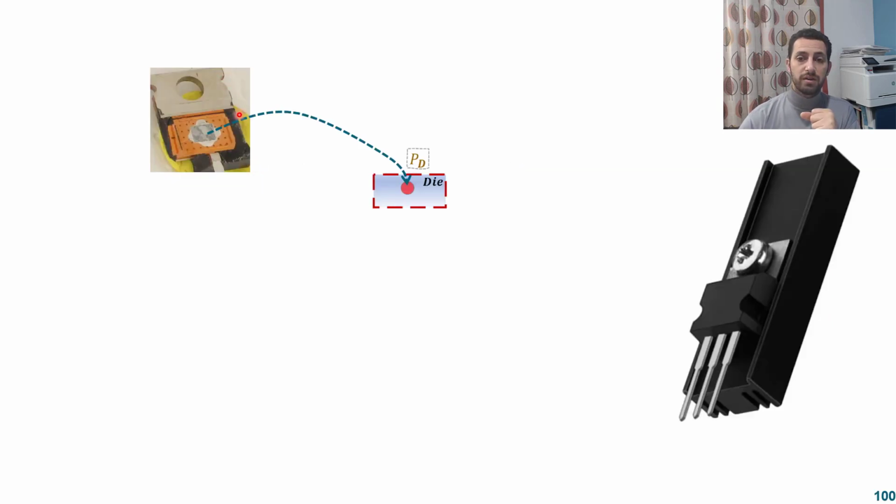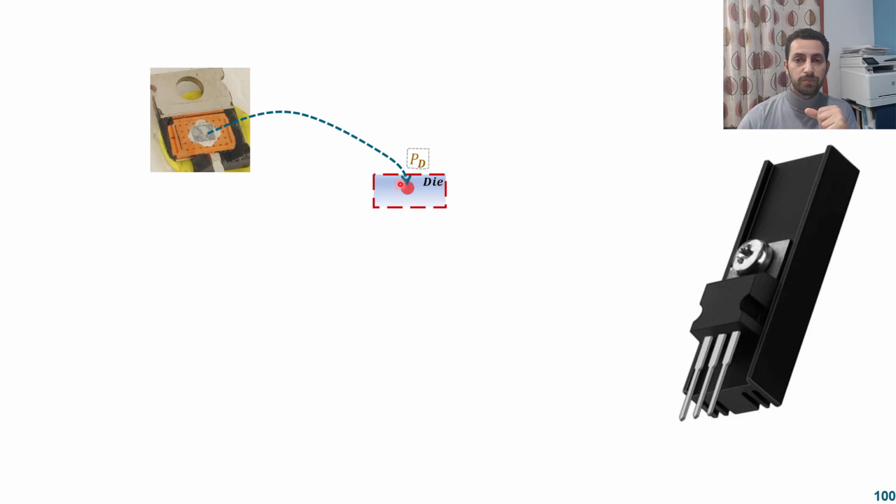To start, we have a transistor here, and that's the die with a junction. That die with a junction will take the electrical power dissipated, which is produced by multiplication of current and voltage, and then convert it to heat.